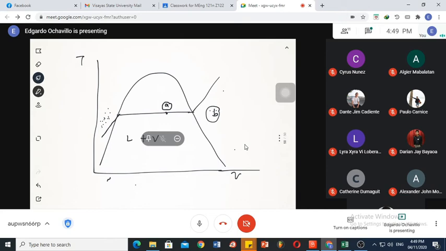Letter A is a saturated state, and letter B is a superheated state. It is superheated vapor, and letter A is saturated vapor. Any clarification?